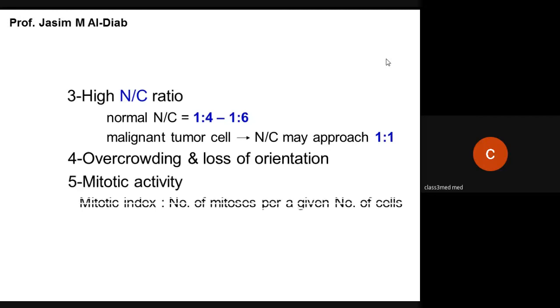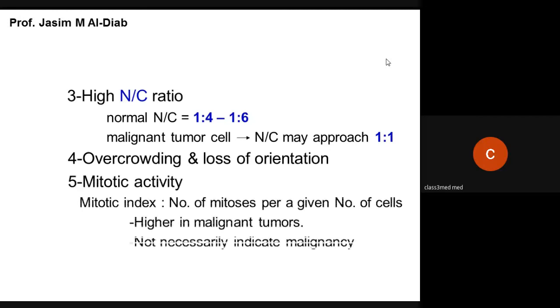Another important histological criterion is the mitotic activity, or called mitotic index. Mitotic index simply refers to the number of mitotic figures or mitoses seen in a given number of cells.